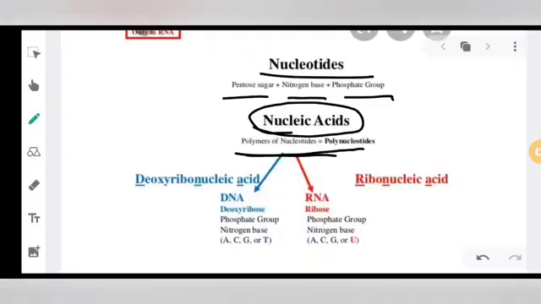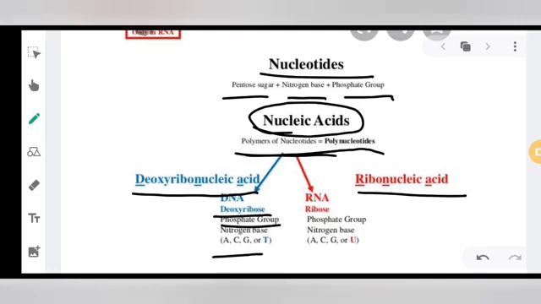Now we will learn about nucleotides. Nucleotides are formed of pentose sugar, nitrogenous base and phosphate group. Nucleic acids are nothing but polymers of nucleotides, that means many nucleotides combine to form nucleic acids. There are two types of nucleic acids, one is DNA, another is RNA, that means deoxyribonucleic acid and ribonucleic acid.